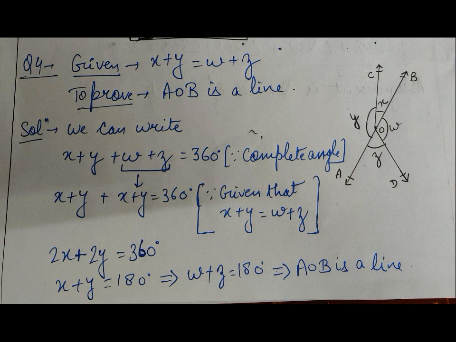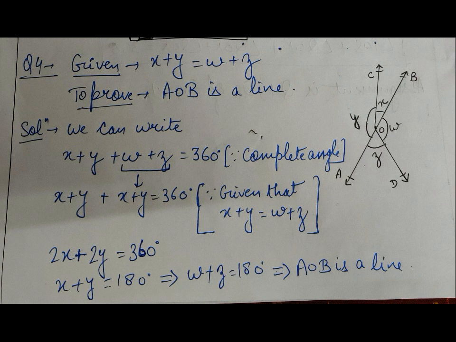We can write x plus y plus w plus z is equal to 360 degrees because of complete angle. Now we can replace w plus z by x plus y in the next equation, as this is given to us.